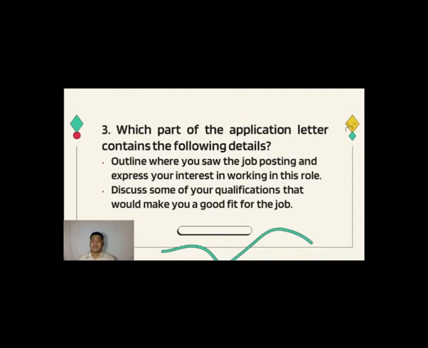Number 3. Which part of the application letter contains the following details?